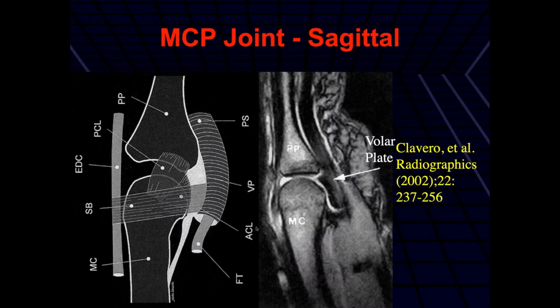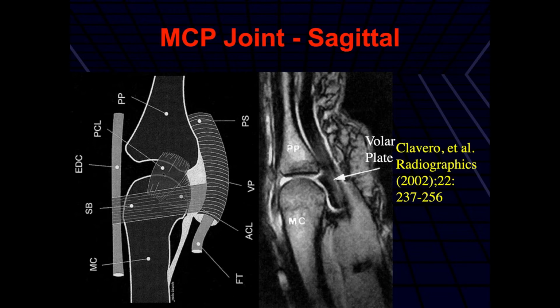So when you get around joints, there's a special mechanism that helps protect the tendon. You have the volar plate here, which is a thickening of the volar capsule of the metacarpophalangeal joint, where the capsule attaches to the base of the proximal phalanx, and you can see a thinner, more proximal connection to the metacarpal diaphysis.